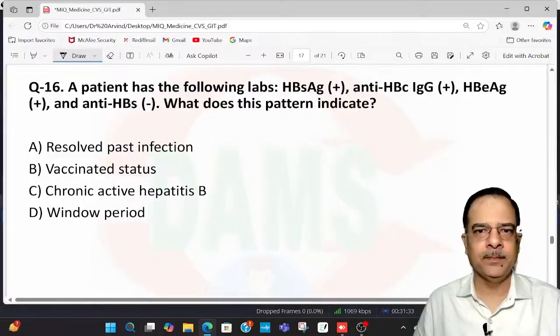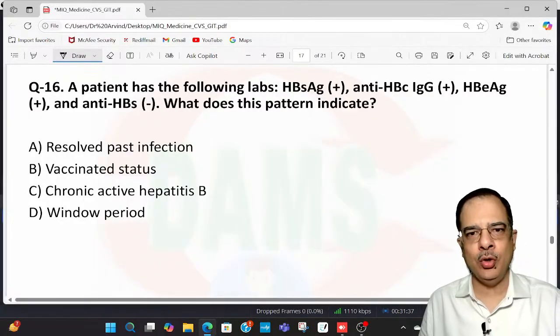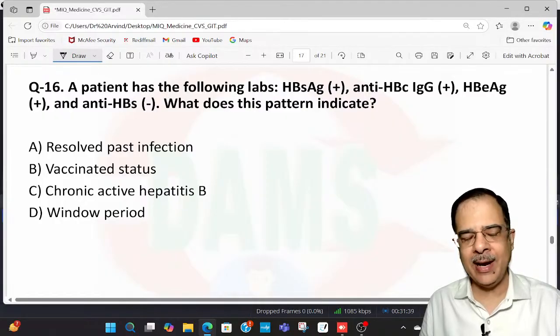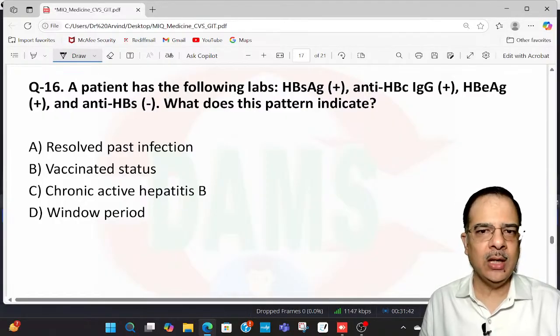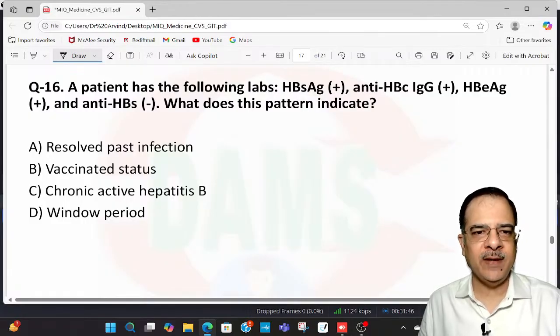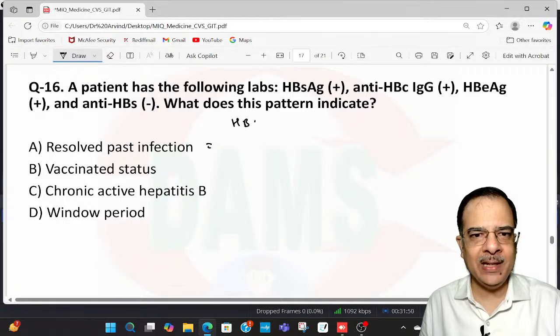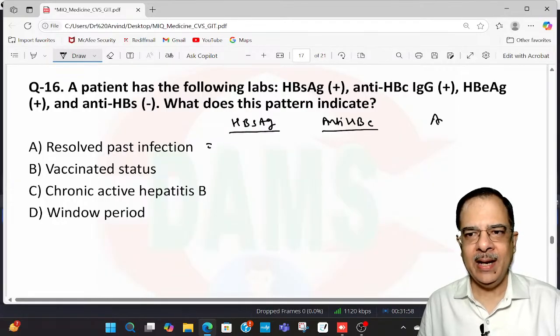Question number 16. Again, one of the essential topics for all of you is hepatitis B serology. Let's see, I will start with the options. Resolved past infection: the status of HBsAg, anti-HBc, and anti-HBs.